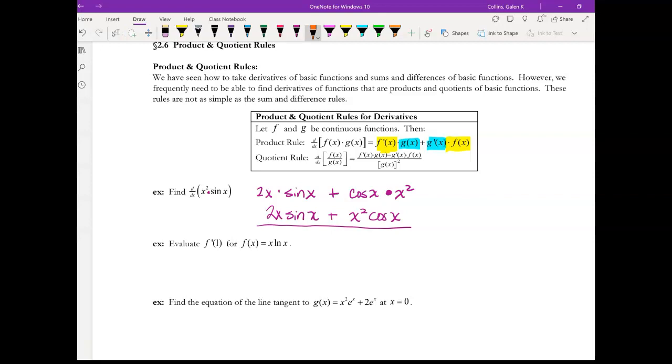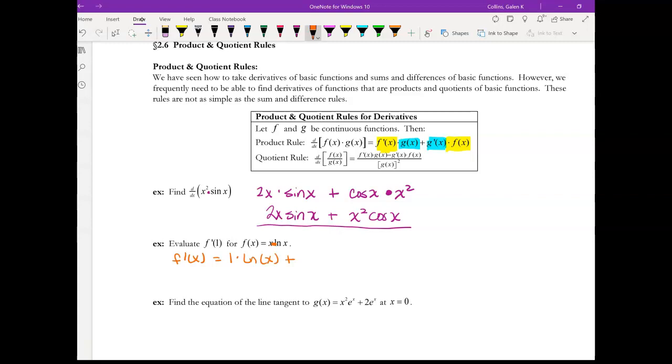All right, in the second example, we're asked to evaluate f prime of 1, but anytime we evaluate a derivative, we have to have the derivative as a function of x first. If I look, this is a product rule because x times the natural log of x is a product. It is two functions being multiplied. So to find f prime, I'll take the derivative of the first times the second function. That is 1, the derivative of x, times the natural log of x.